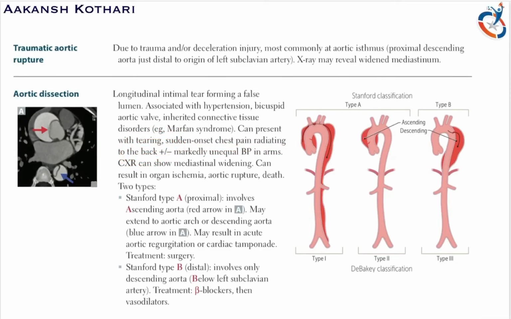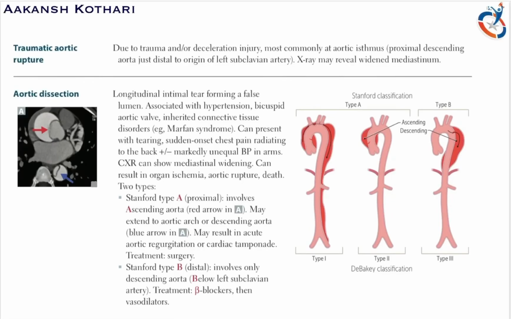Okay, so whenever the person comes with excessive sharp chest pain which acutely starts, then it can result in aortic dissection. There is also unequal blood pressure in both arms. Now when you see it under a chest X-ray, there is mediastinal widening. Okay. Now, due to aortic dissection, there can be organ ischemia, aortic rupture, and hence death.